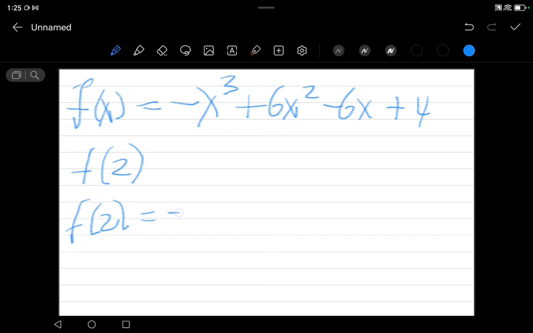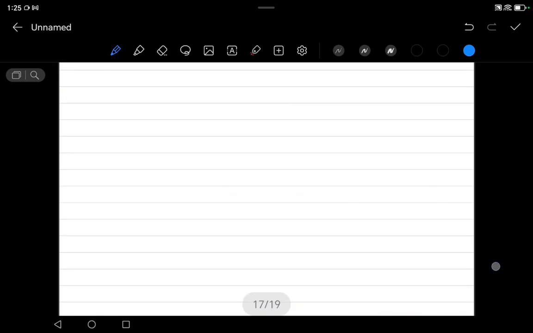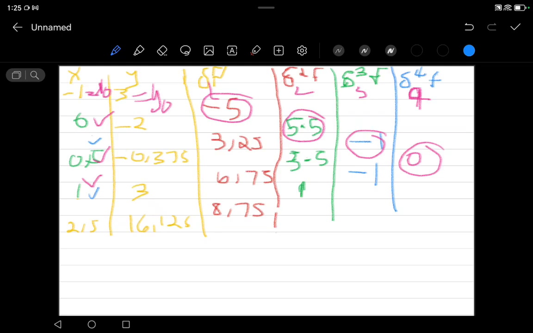So it's going to be negative into 2 cube, plus 6 into 2 squared minus 6 into 2 plus 4. And then you get your answer as 8. So this is how divided difference works. So here you just divide the value of y with x, and then when it comes to the second one, you skip.